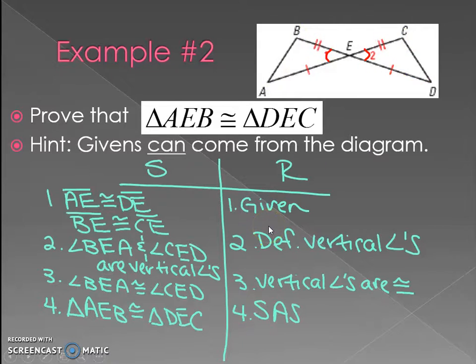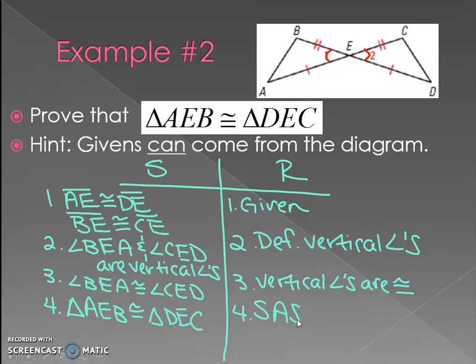That's given. Now, angle BEA and angle CED are vertical to each other. They're vertical angles. That's the definition of vertical angles. And number 3, angle BEA is congruent to CED. Vertical angles are congruent. Therefore, triangle AEB, this one, and triangle DEC are congruent by the side, angle, side postulate.